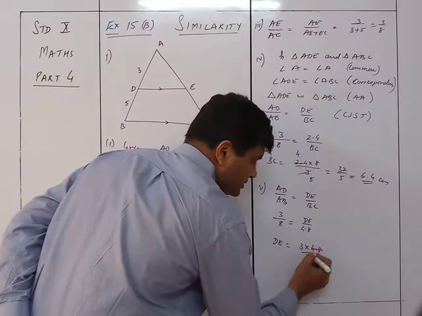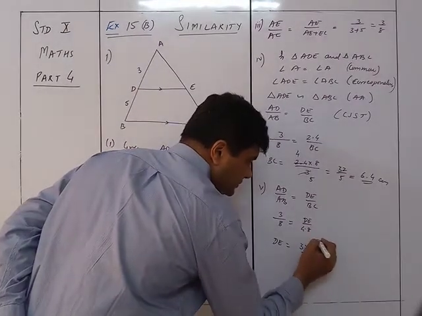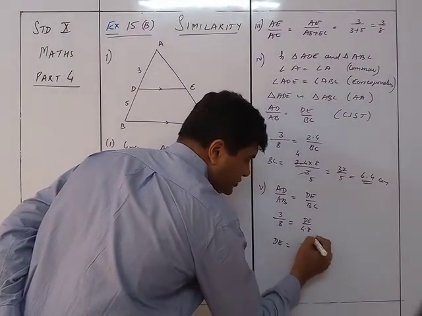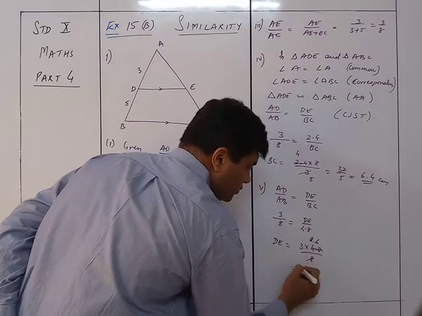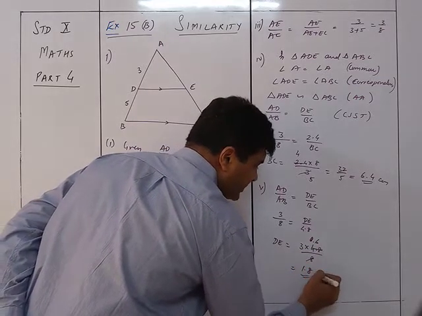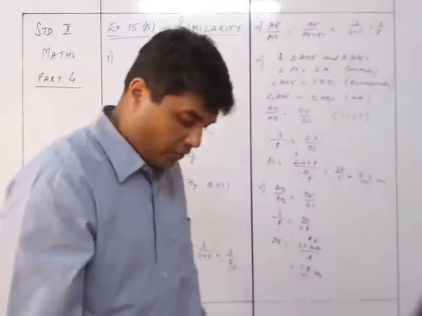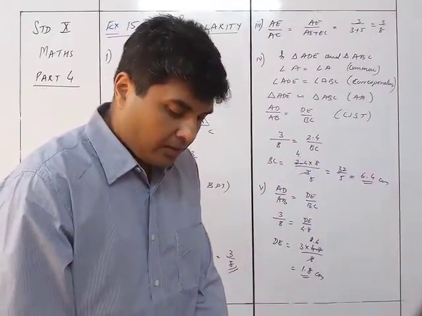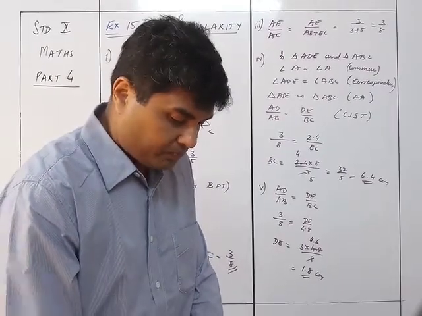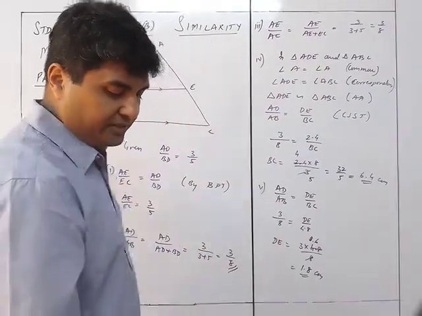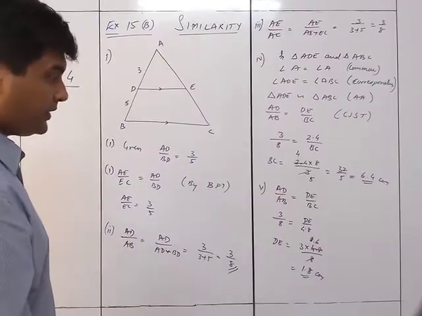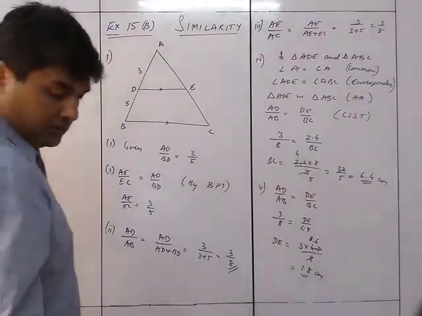So it is 1.8 centimeters. So DE will be 1.8 centimeters. So the answers are 3:5, 3:8, 3:8, 6.4 and 1.8. That was the first sum.